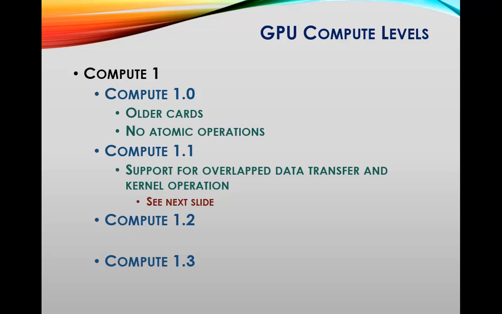The main feature that's lacking in Compute 1.0 cards was atomic operations. Atomic operations are those operations for which you can guarantee completion without thread interruptions and thread interference. We'll see an example of this later on when we discuss shared memory, the example of calculating histograms.